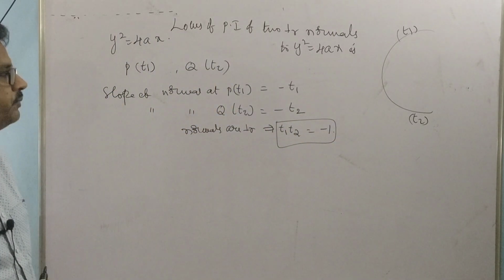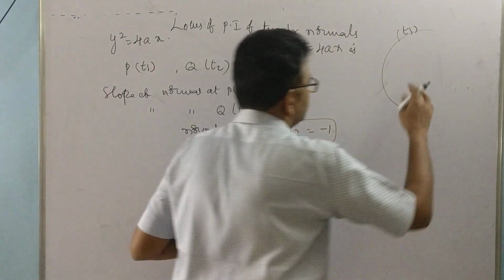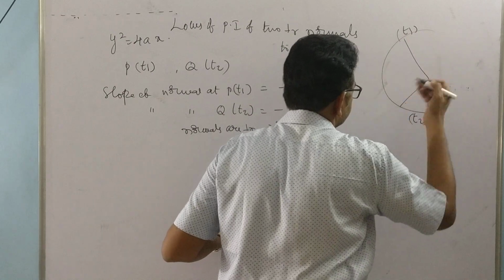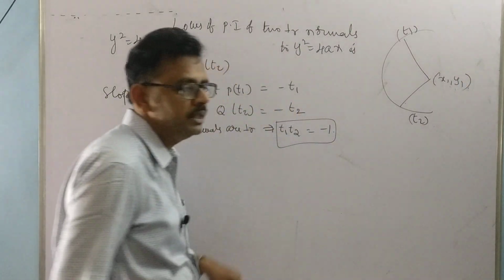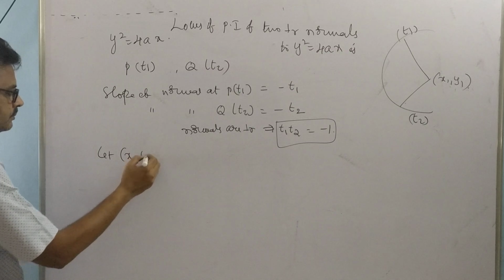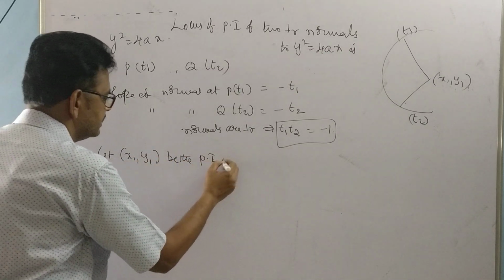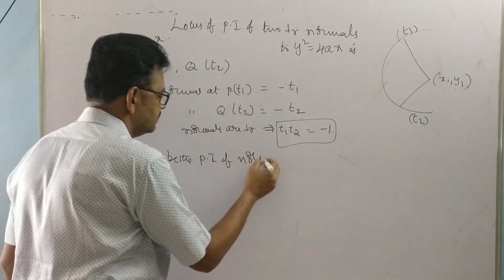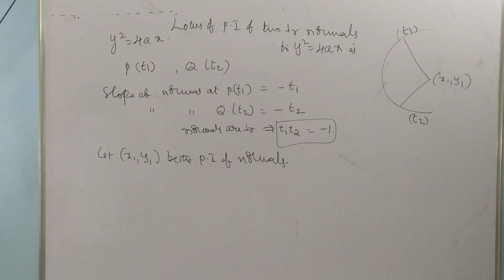Okay. Now we have to find the locus of point of intersection of normals. Let x1 comma y1 be the point of intersection of normals. What is the point of intersection of normals?